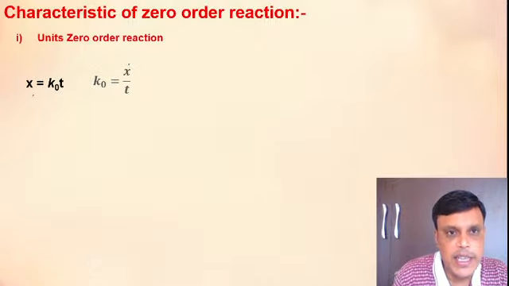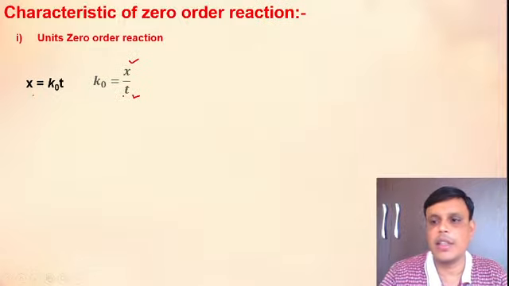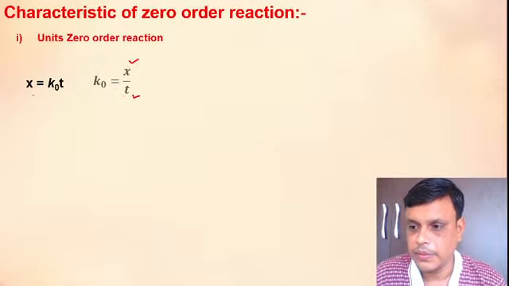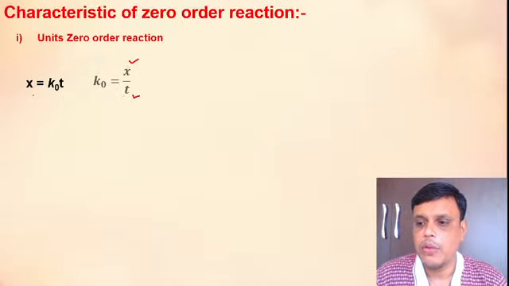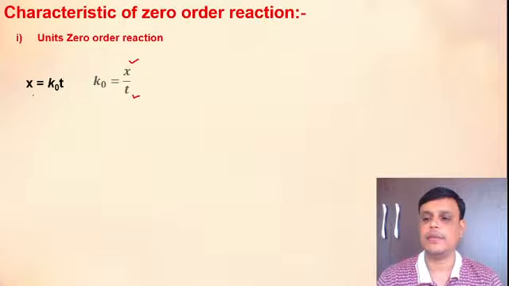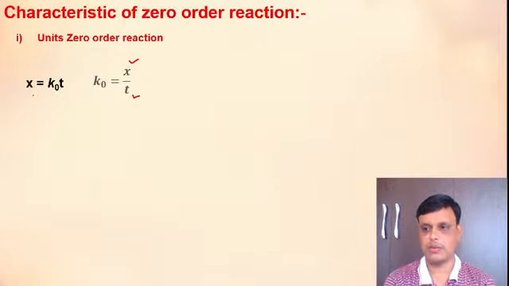So now here, can anybody tell me what is x and what is t in this equation? We have rearranged that equation for k0, which is the integrated rate equation for zero order reaction. k0 equals x by t.